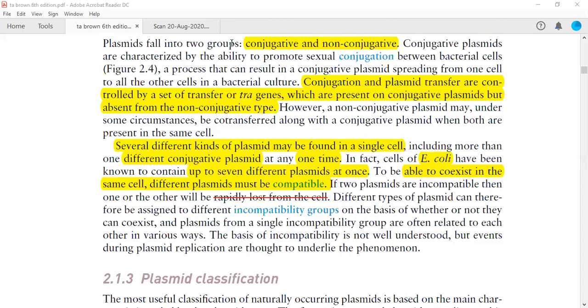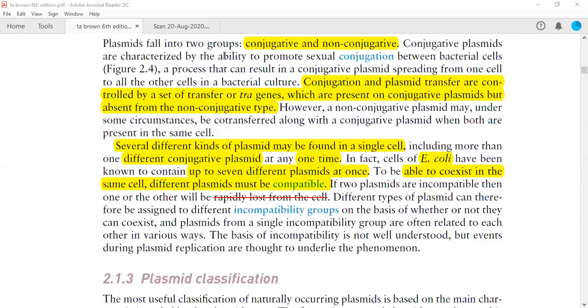Okay, so there are two other terms. One is conjugative, second is non-conjugative. Very easy to understand because if a bacterial cell is making a conjugation tube or pilus through which the transfer is taking place, it is called conjugative, and if it is not able to make the conjugation tube, it is non-conjugative.